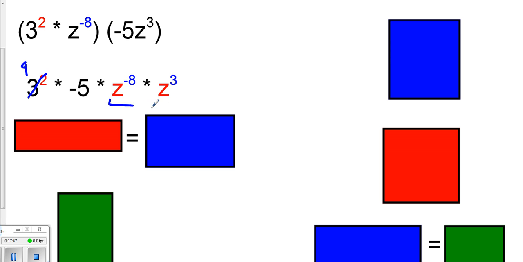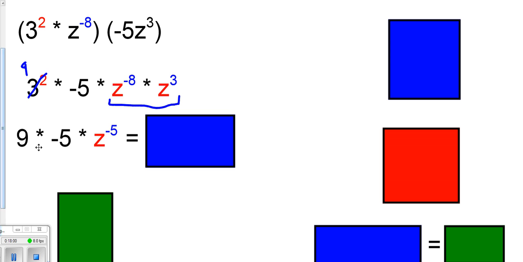And we see that these will have the same base, z in one case to the negative 8 and z in one case to the positive 3. So we change this to 9 times negative 5 times z to the negative 5. Because it was power times another power, we do negative 8 plus 3. We add them up, and that's how we get to negative 5.